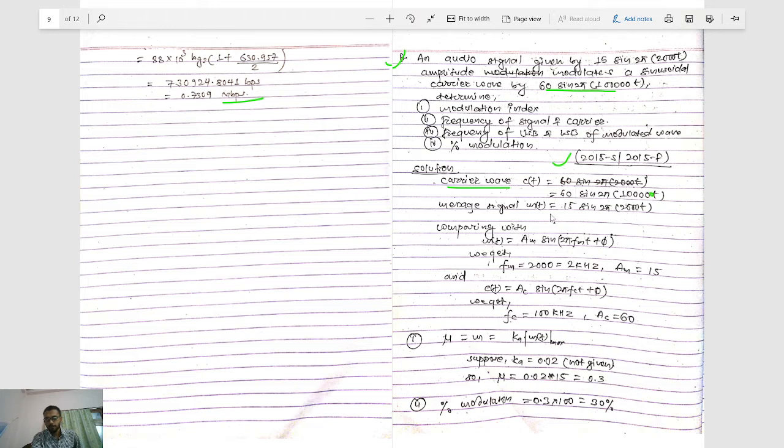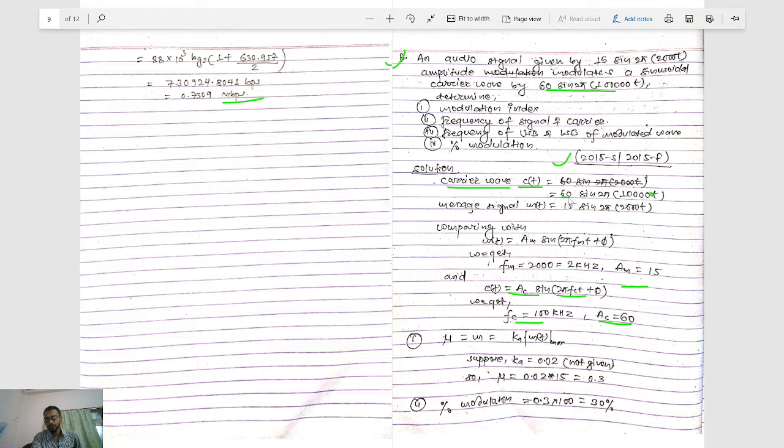Comparing this message signal with the standard equation, m(t) equals Am sin(2 pi fm t plus phi), we get fm as 2000, meaning 2 kilohertz, and Am as 15. Similarly, comparing the carrier wave equation with the standard equation c(t) equals Ac sin(2 pi fc t plus phi), we get fc equals 100 kilohertz and Ac as 60.